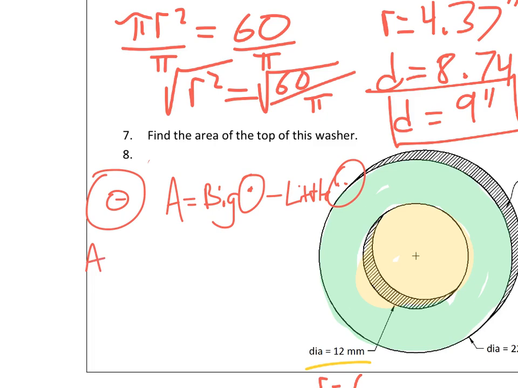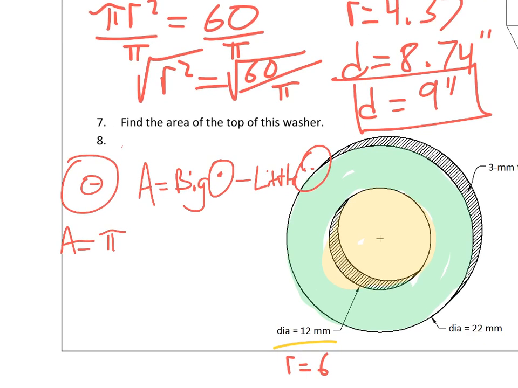Okay, so the area of the big circle is going to be pi r squared. What's the radius of the big circle? Well, the radius is 11 down here. So pi r squared is the area of a circle. I'm going to subtract the little circle, which is pi times the radius of 6 squared.